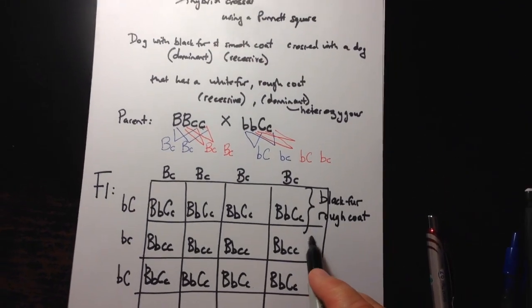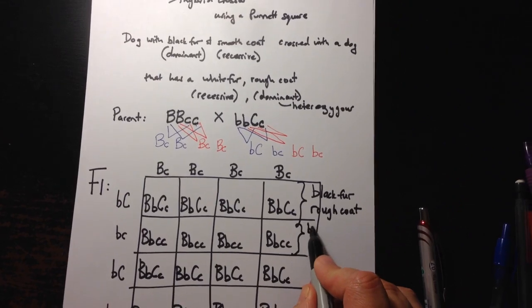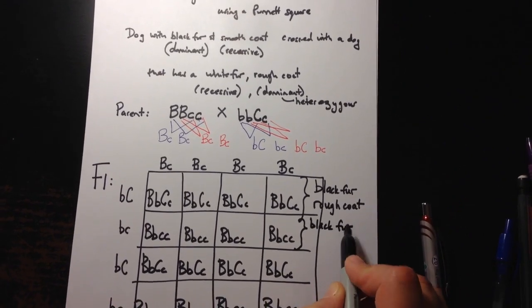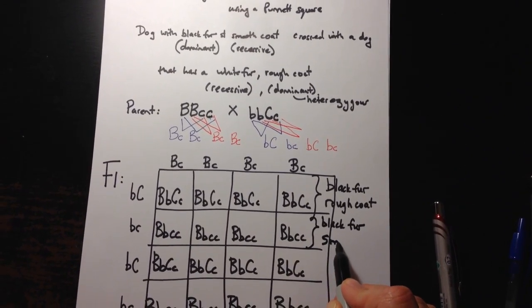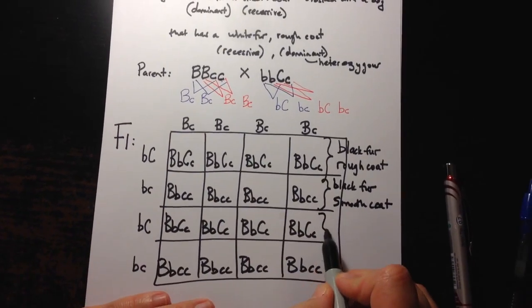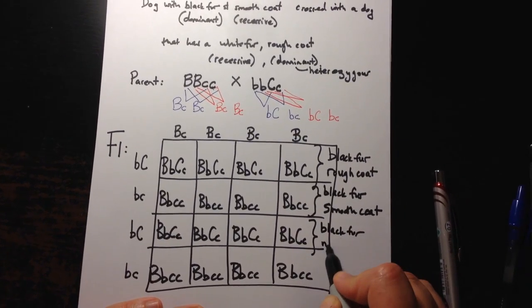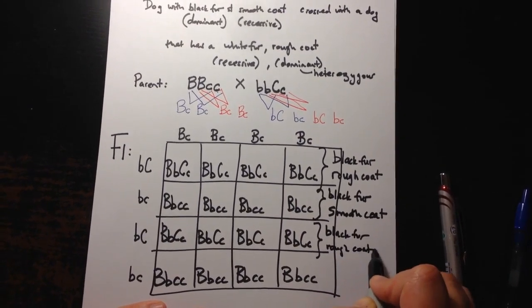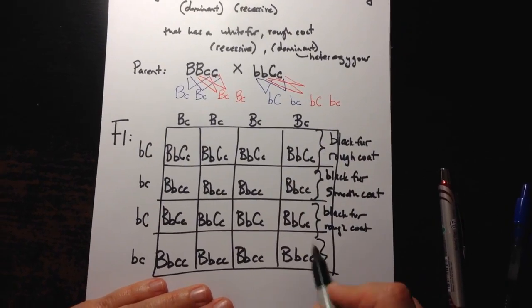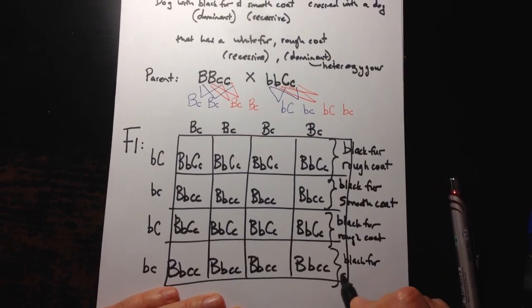If you look at the second row, you'll see this is different. These have black fur with a smooth coat. These over here are the same as the first row, black fur with a rough coat. And then these down here, the same as the second row, black fur with a smooth coat.